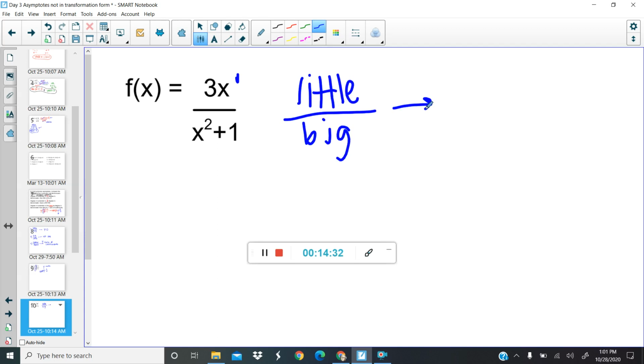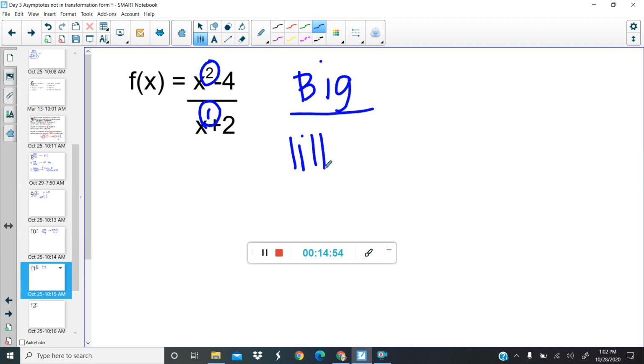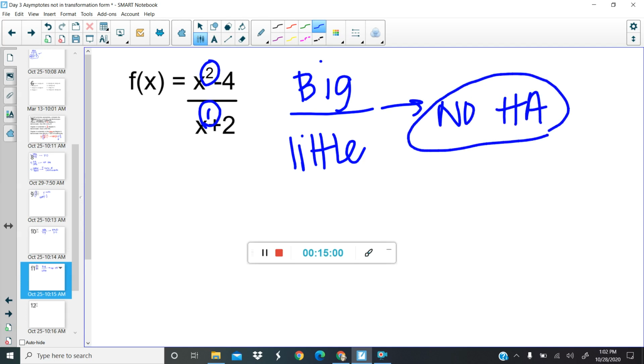That's little over big, and anytime we have little over big, we have a horizontal asymptote at y equals 0. For my last one, I have a degree of 2 on top and a degree of 1 on the bottom. That's the scenario of big over little, and whenever we have big over little, we have no horizontal asymptote at all.